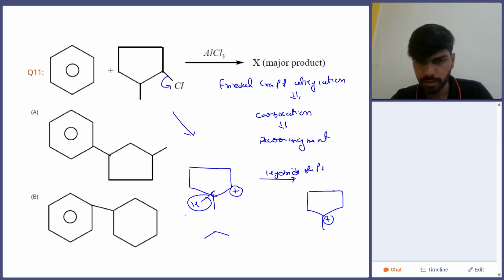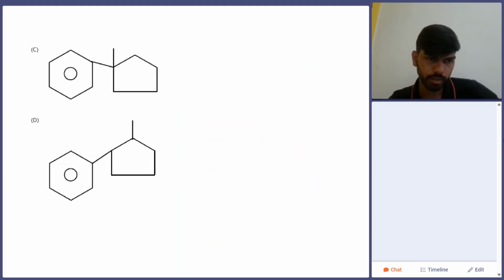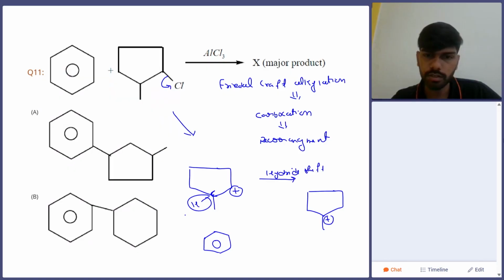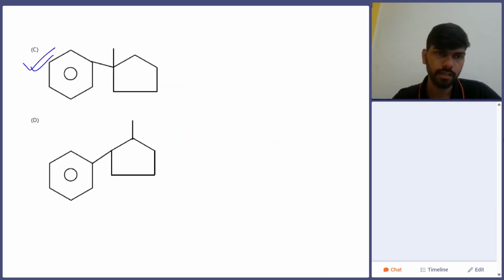So benzene attaches with this, and then the answer for this reaction is option C. Option C is right. This part we have to attach, and we will get option C.